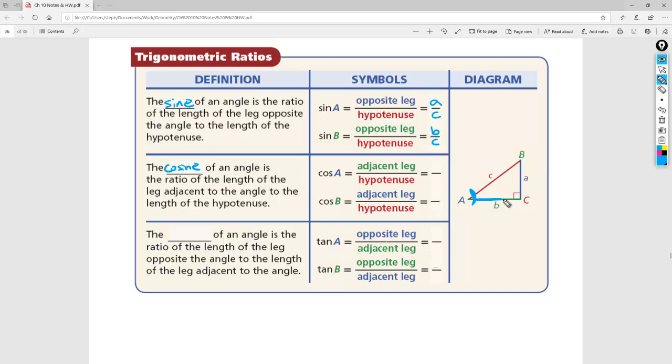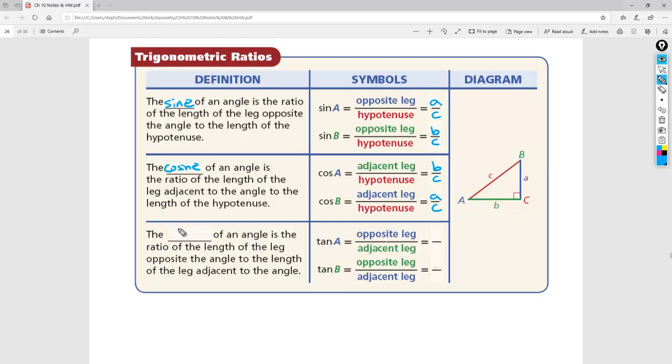Okay, so I would be using my adjacent leg, so this time B, and again divided by my hypotenuse, which is C. When I am trying to find cosine of B, I am again looking at my adjacent leg, so this time that would be A, and again divided by my hypotenuse, which is C. Okay. And again, you'll have values for these, so you'll end up getting a number, just like we did in our warm-up.